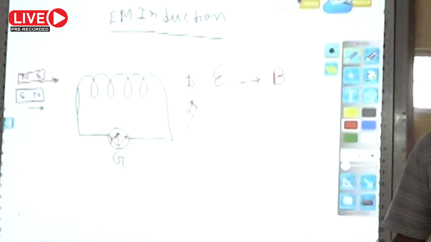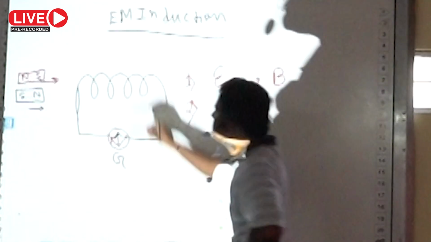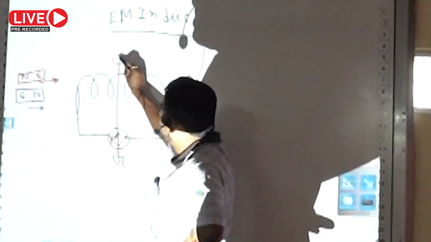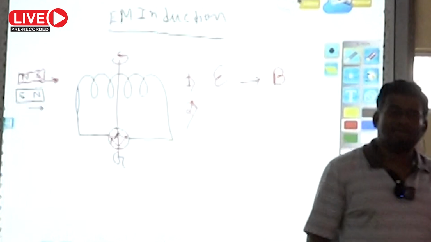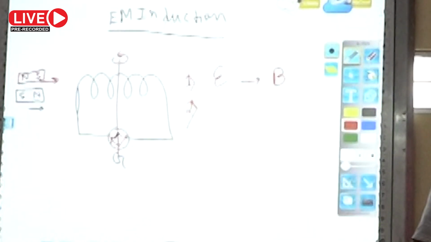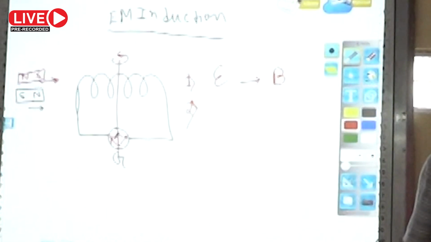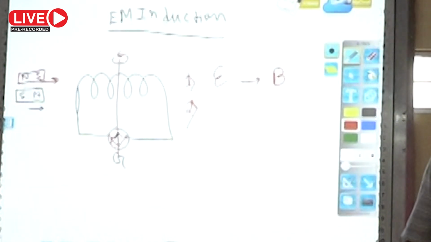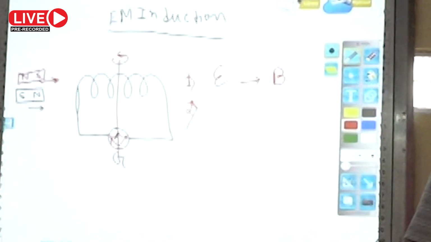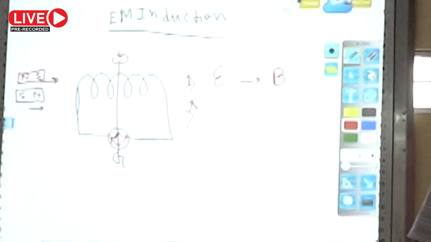Now, the next point, the third one. Faraday also observed that if this coil is rotated about its axis, if the coil rotates about its axis in the presence of the magnetic field, an EMF is induced in the coil.